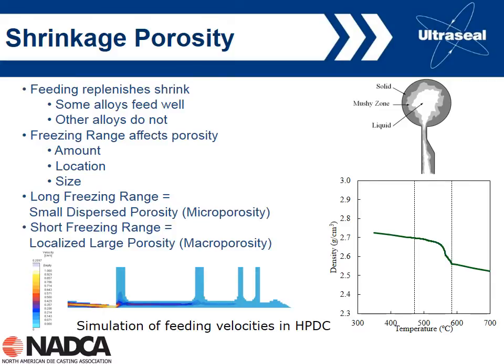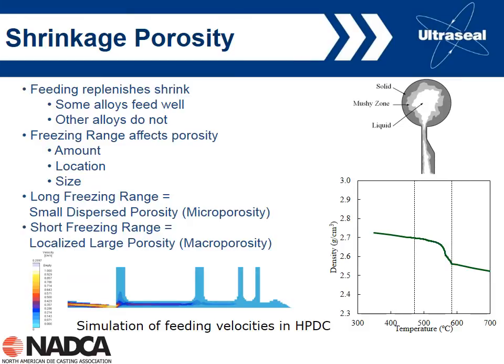Traditionally, when you've got a freezing range of more than 100 degrees centigrade or so, those alloys are called long freezing range alloys. And in these types of alloys, you tend to get finely dispersed porosity rather than one big pore in the middle of the casting. The reason is that basically the whole alloy tends to be mushed during the casting process.